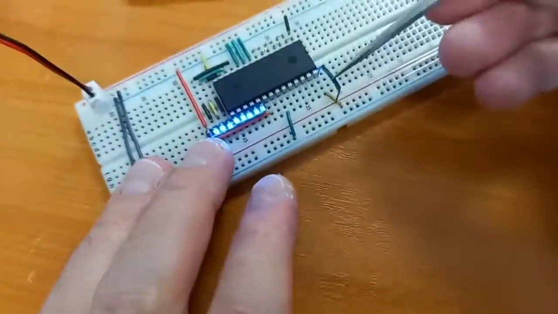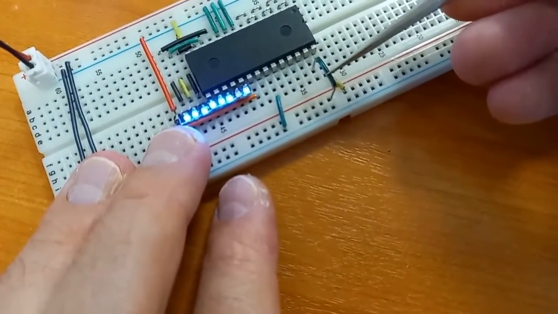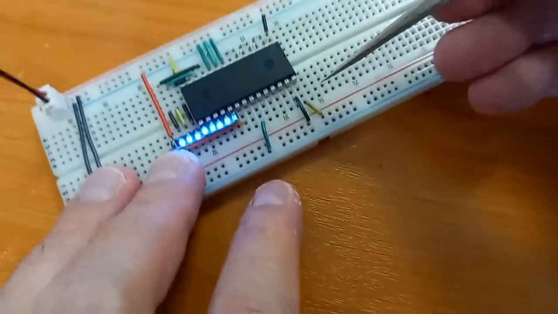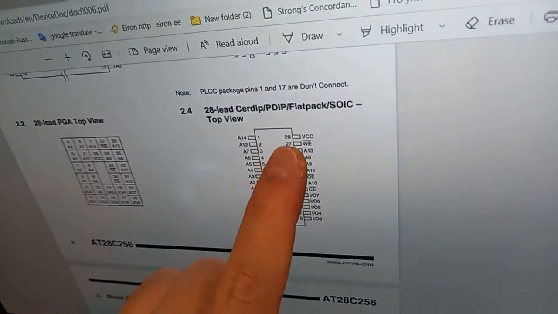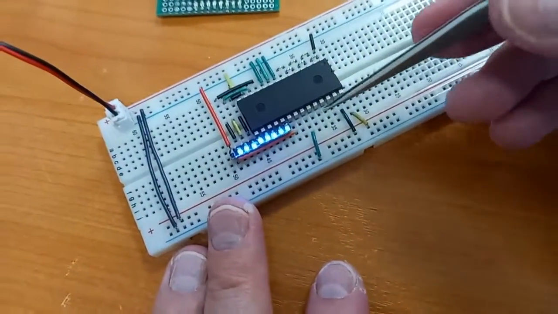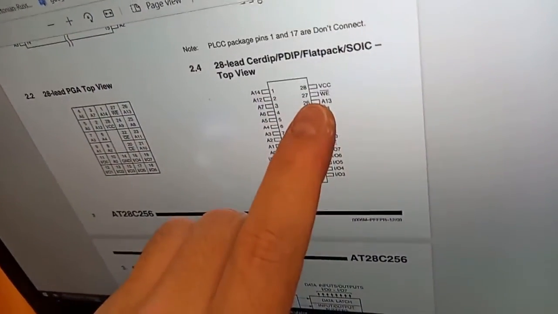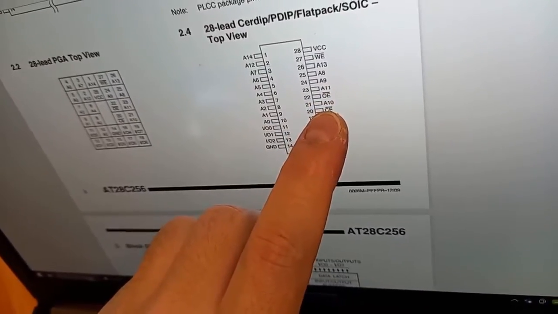Write enable is disabled, but sometimes we will enable it. So we will connect write enable with disable. We will disable the writing 27 by connecting it to plus, and now all the rest of the pins are address pins: A13, A8, A9, A11, A10.